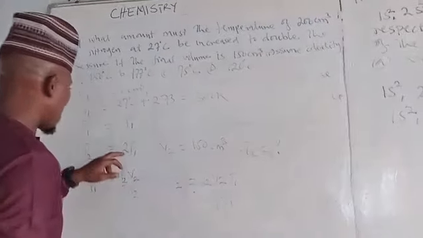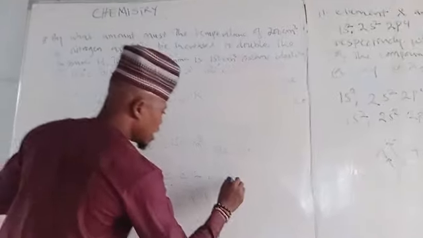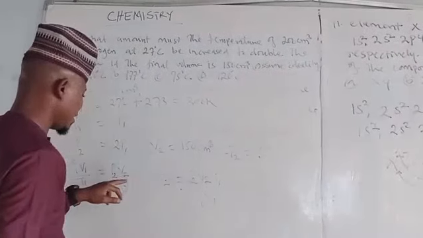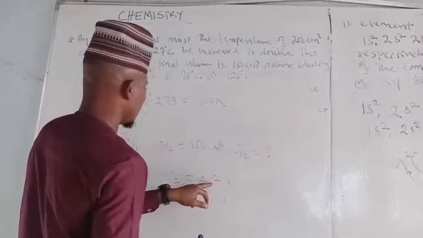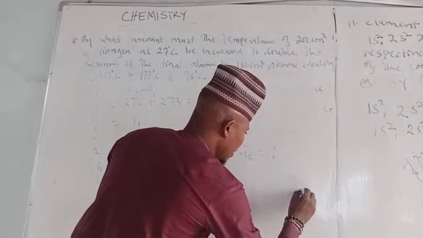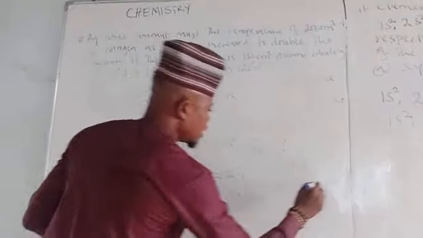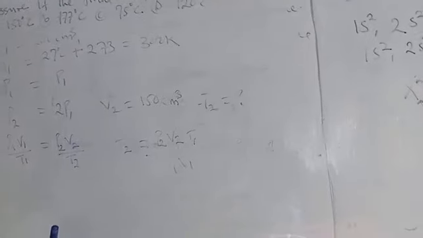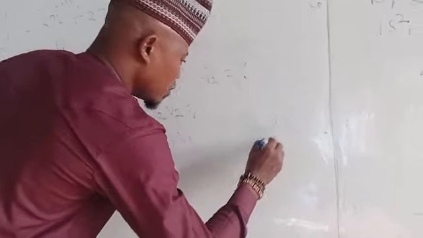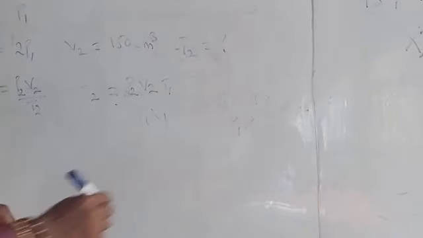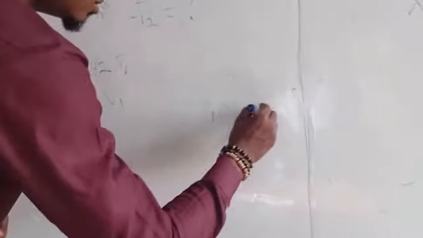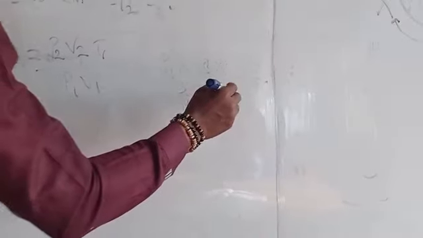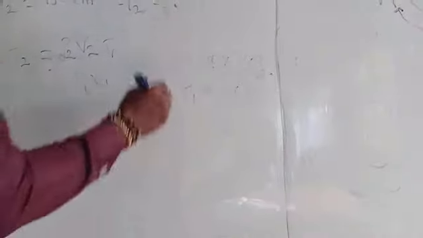So we'll substitute now. Our P2 will be equal to 2P1 multiplied by our V2, 150, multiplied by our T1, 300. You divide all of that by your P1 multiplied by V1, which is 200.